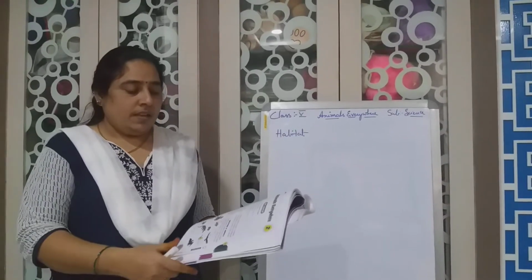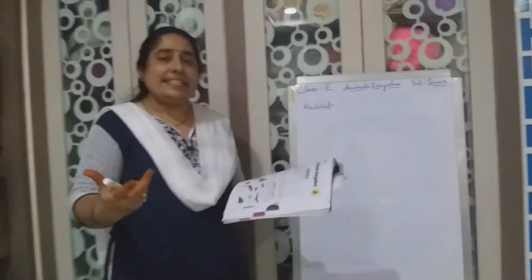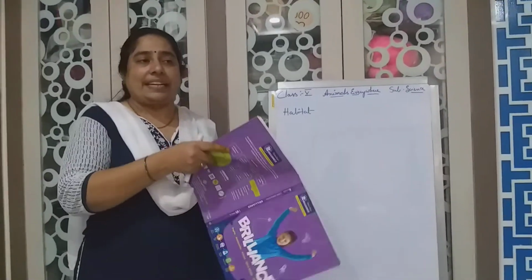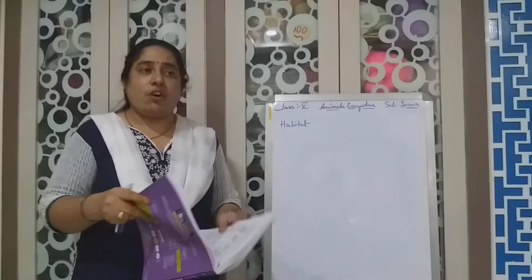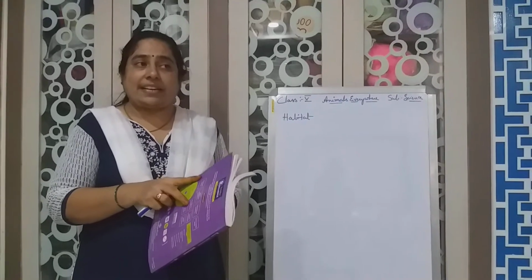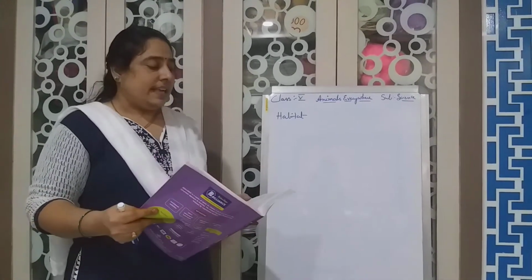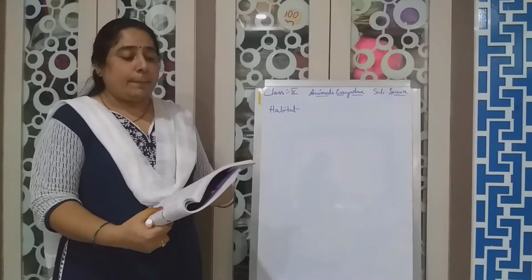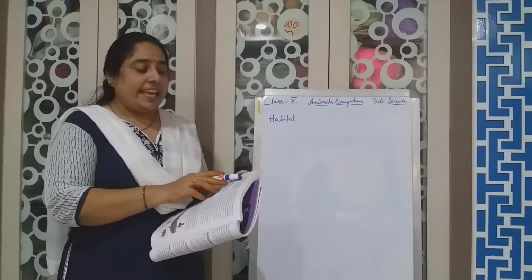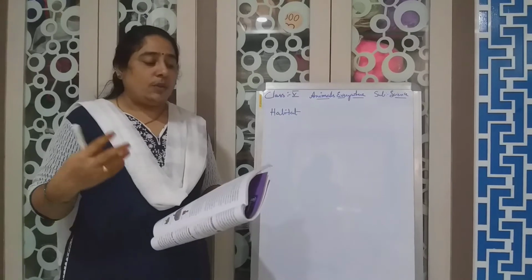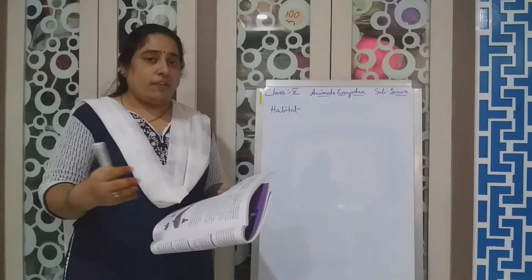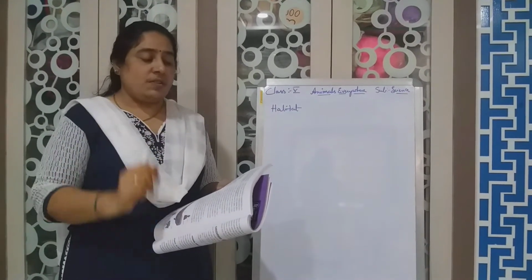Oxygen burns the food within their bodies and releases energy for various activities. Animals get their supply of oxygen from their surroundings.